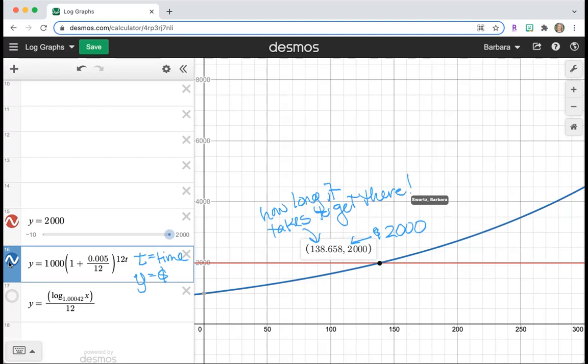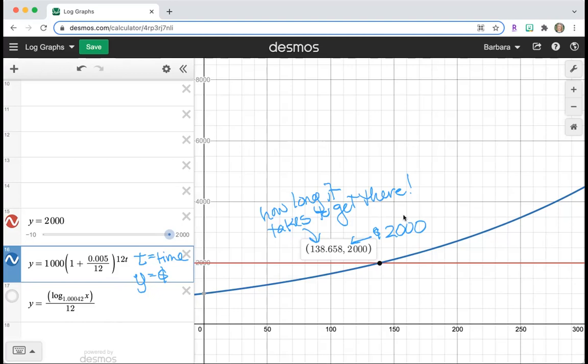In this case, our time is measured in months, so it would be almost 139 months. You can divide that by 12 to figure out how many years that is. Right, almost 11 and a half years. So if you did nothing, you would earn $1,000 over those almost 12 years. But that takes a long time just to get $1,000.